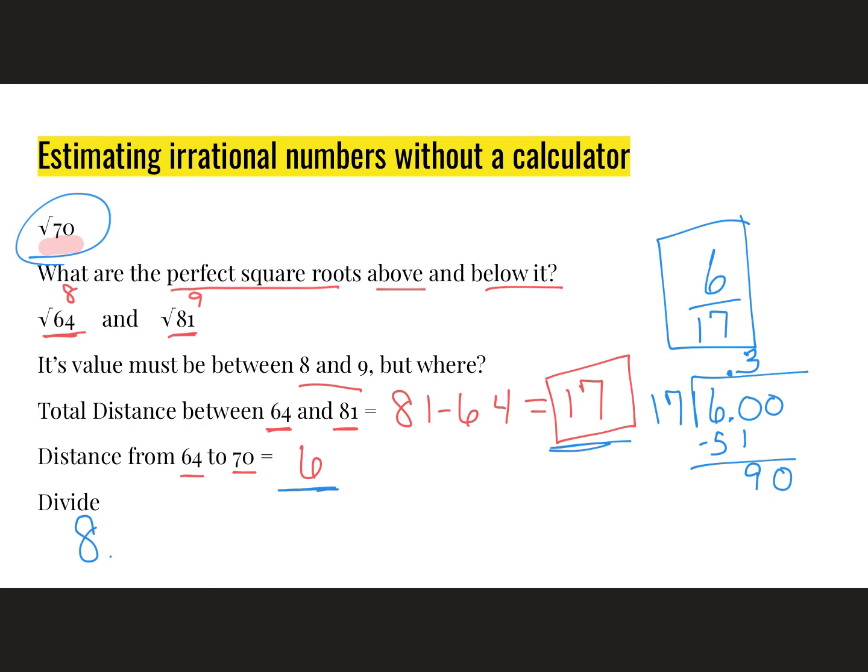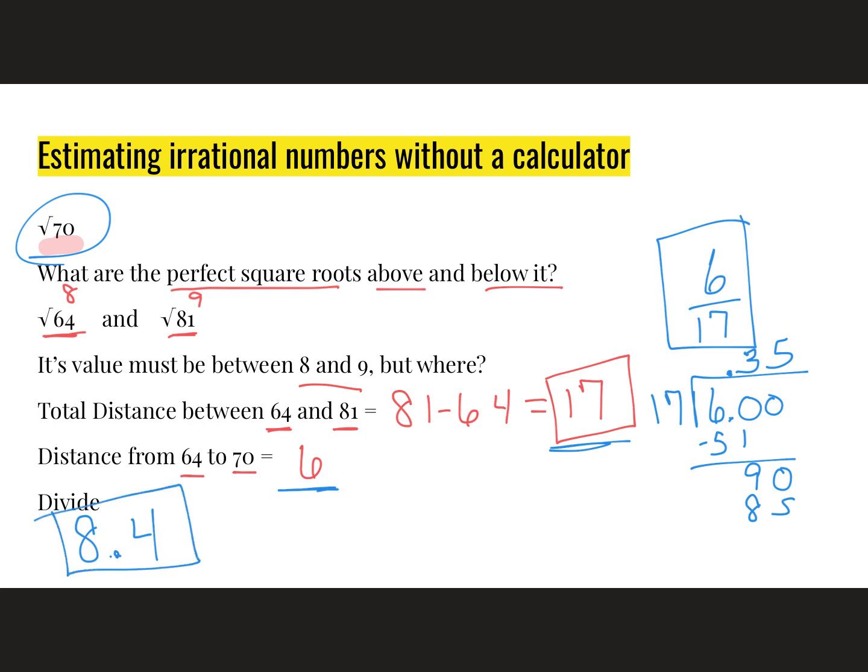So 17 goes into 90 5 times. 5 times 17 is 85. So I know that that's 0.35. So I know that it's going to round up to 0.4. And when we're doing this without a calculator, they never make you go past the tenths.